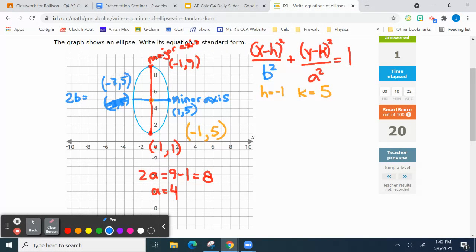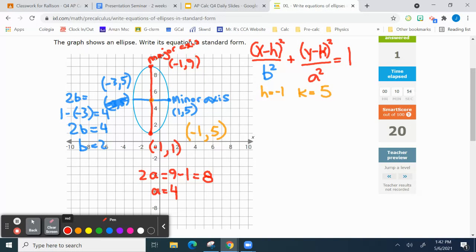Oh, no, I did that right. Oi. All right, so we'll take this one. You just start on the right or on the top and subtract the other one if you need to do it a certain way. So we're going to take the x coordinates, and it's going to be 1 minus -3 equals 4. So if 2b equals 4, then b equals 2, right? And now we have everything we need.